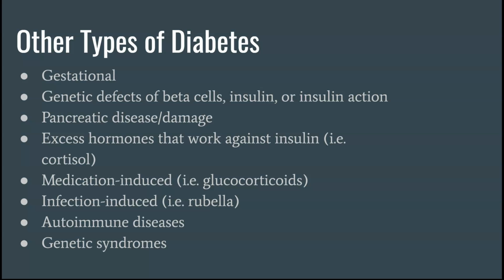Rubella in particular tends to attack the pancreas, which will cause a secondary type 1 diabetes. And patients who are on long-term steroids, for example, for asthma control, right? They can have a diabetes presentation because it's going to stimulate cortisol and therefore affect the circulating blood sugar.